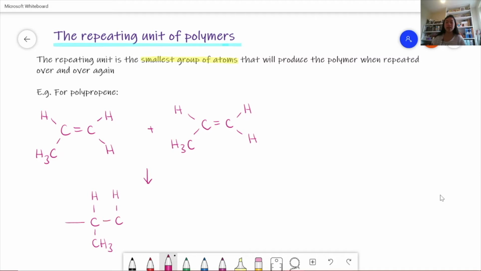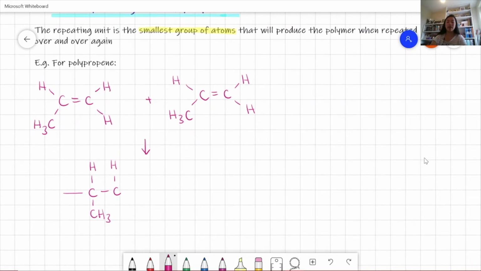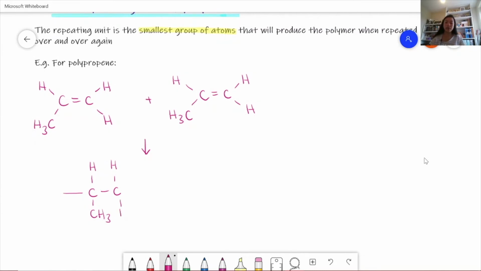Remembering to put in the lines to indicate that it is a very, very long molecule. And then we put in some brackets and then the little n.